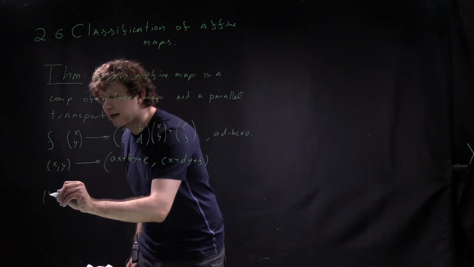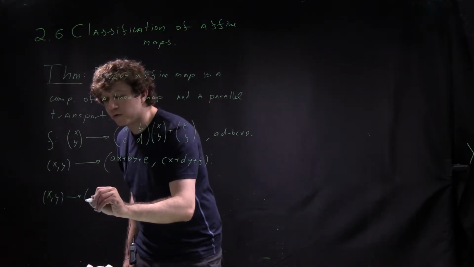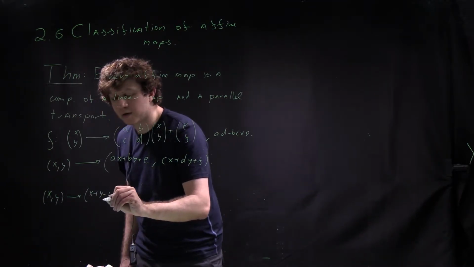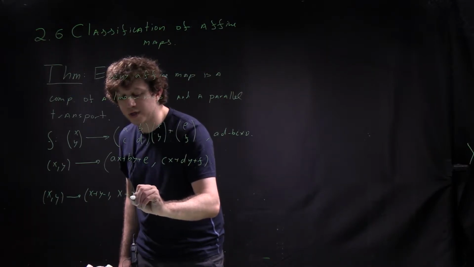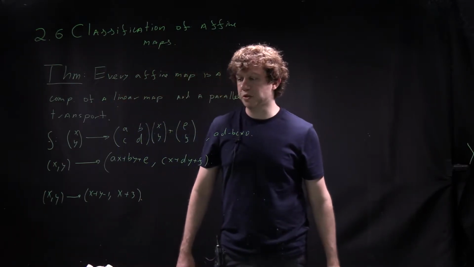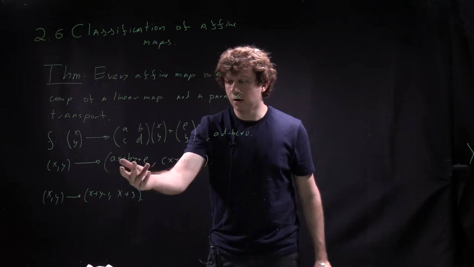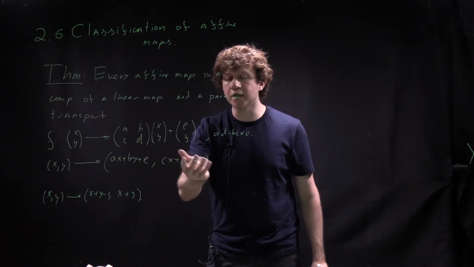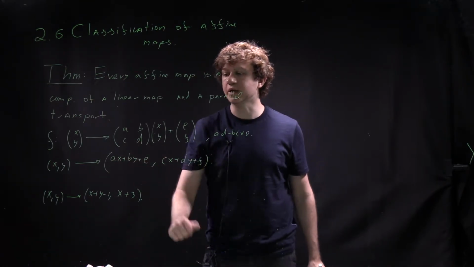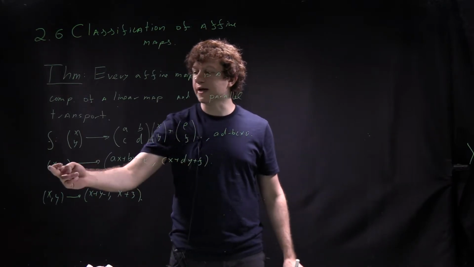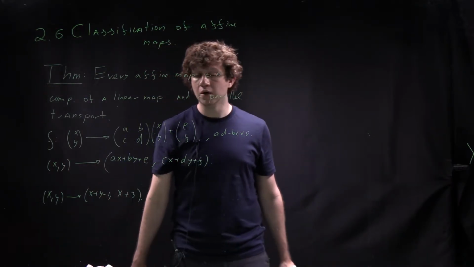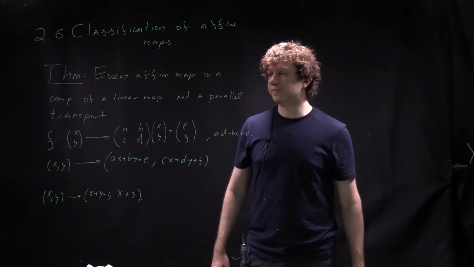So for instance, xy goes to x plus y minus 1, comma x plus 3. That's an affine transformation. So literally just any linear forms, they are called. So any linear expressions in x, y, and 1 give you an affine transformation.